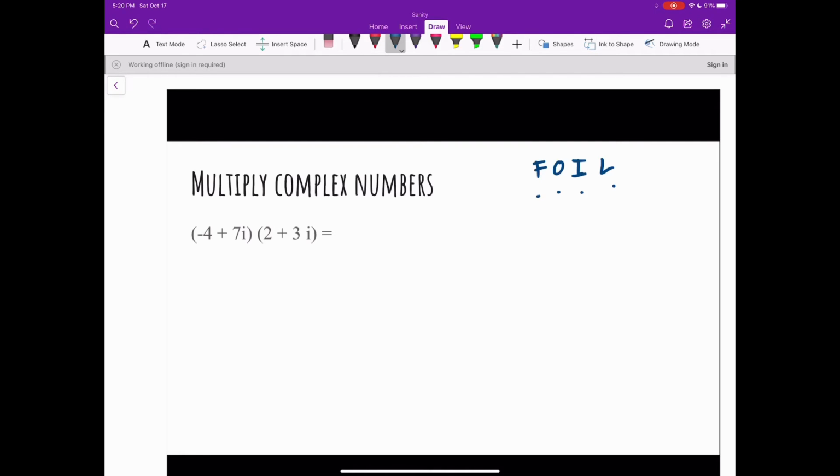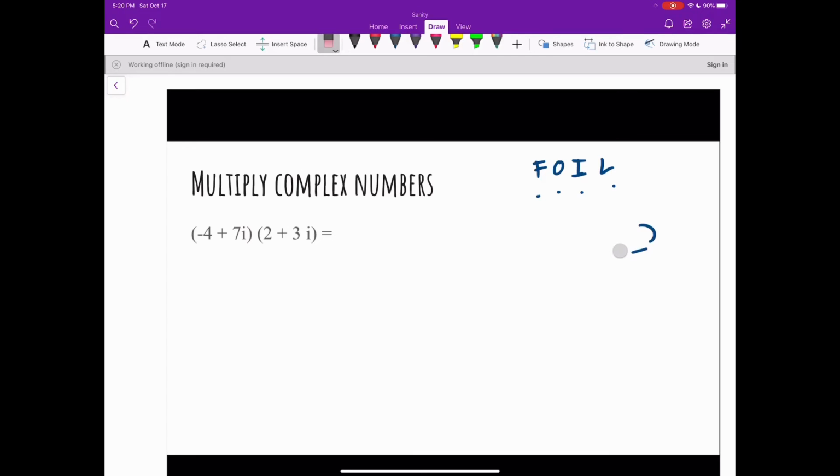So you're going to multiply complex numbers the same way you would multiply x plus 1 times x minus 3, right? You would multiply the x's together. That's the first term of each. You would multiply the outside numbers, the x and the 3 together. Then you would take care of your inside numbers, the 1 and the x, and then you would multiply the last numbers together, all right?